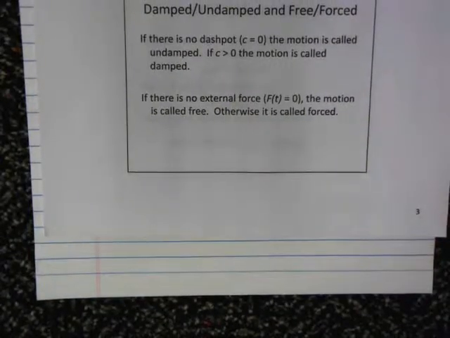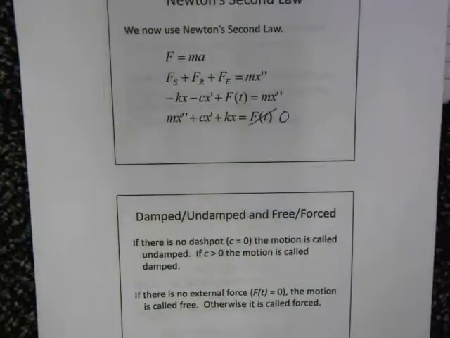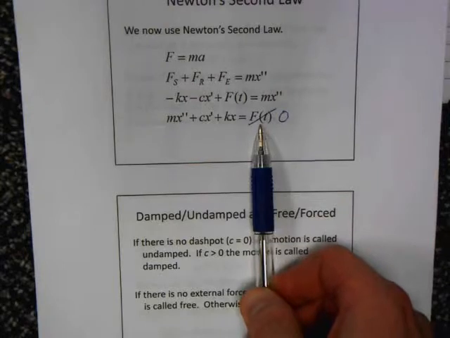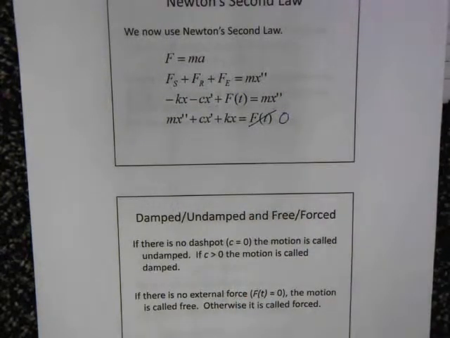After we finish section 2.5, we will learn how to solve non-homogeneous equations. So we'll cycle back to this and we'll talk about what happens if you have an external force.